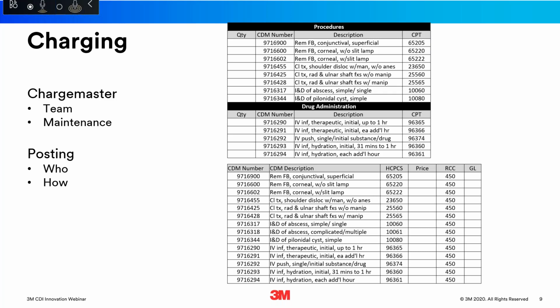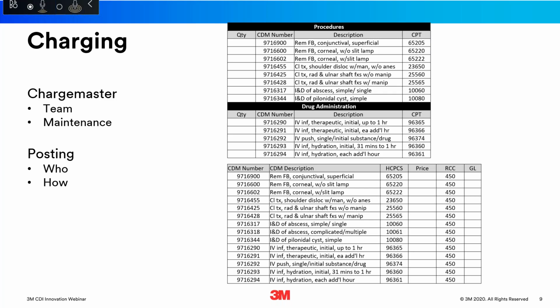Your department, so there should be someone in the emergency department that's responsible for, when the code changes come out, reviewing the new CPT codes in January, reviewing the charge master and their electronic or paper charge tickets to make sure that the new codes are added, the deleted codes are removed, any code revisions are updated, and make sure that there is a one-for-one match.